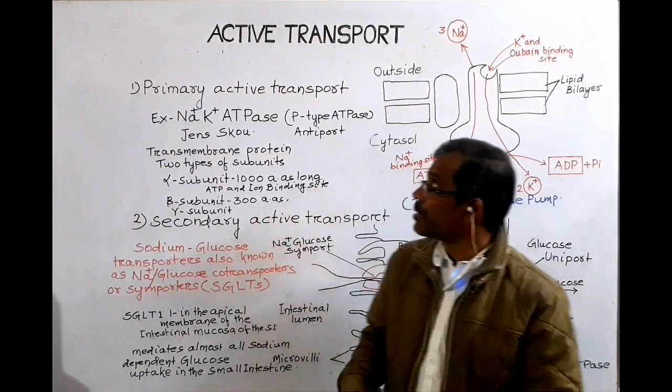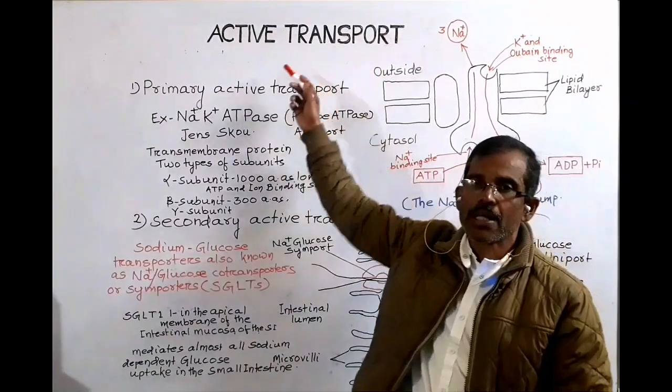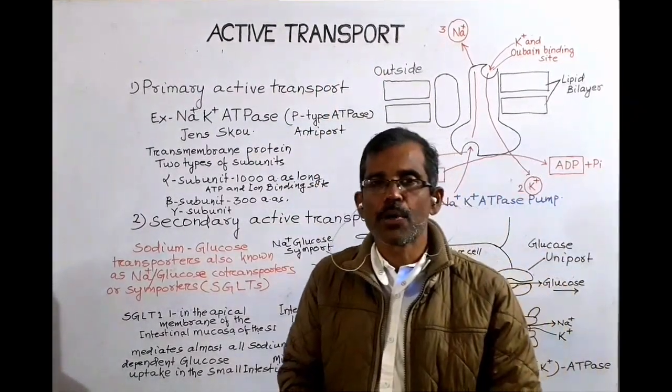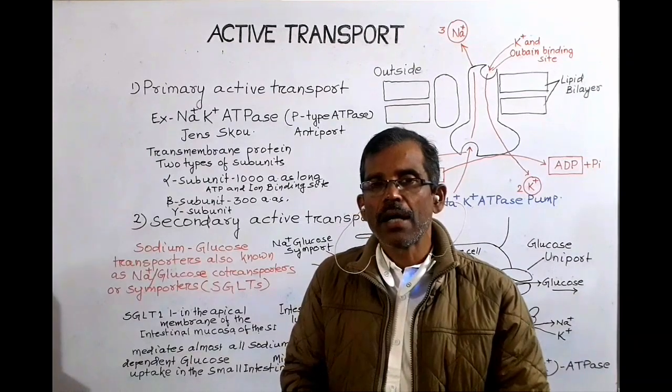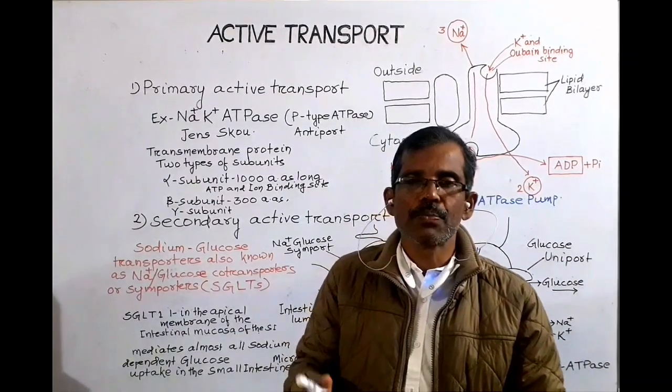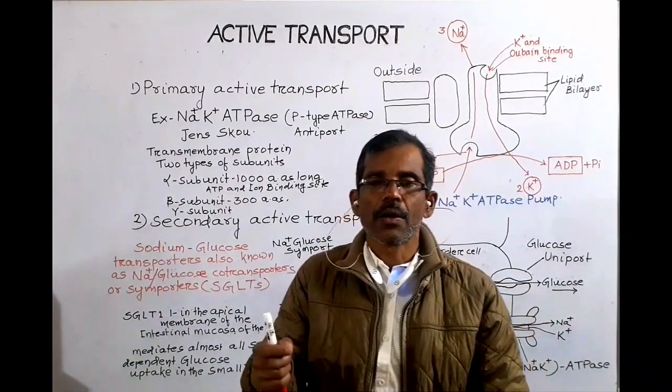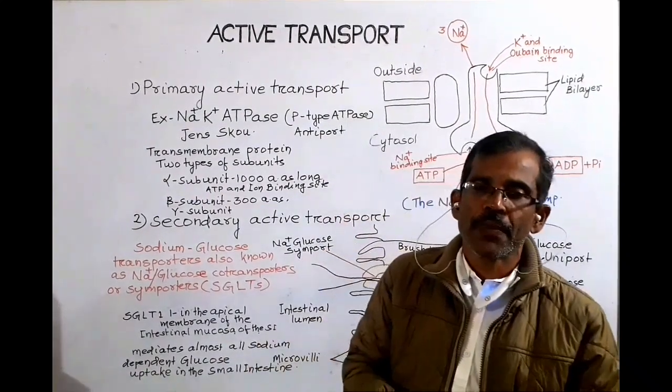Friends, today we shall discuss active transport. Active transport is a biological process by which ions and molecules are transported against their electrochemical gradient across a biological membrane.